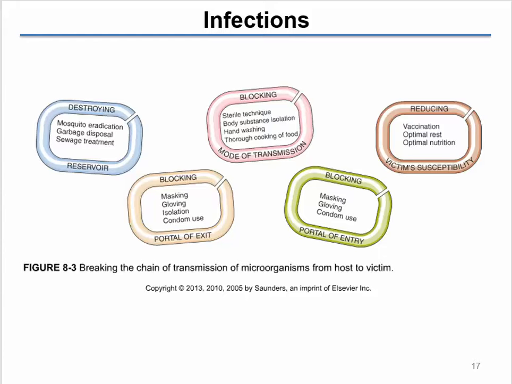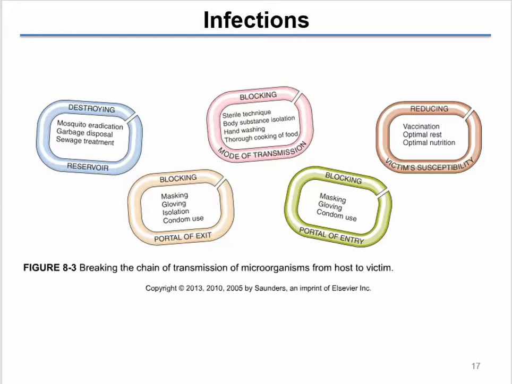If it's rabies, then removing rabid animals would be the way of blocking it, of destroying the reservoir. Now, blocking the portal of exit is a good idea. So isolation basically is a real good thing for some infectious diseases.